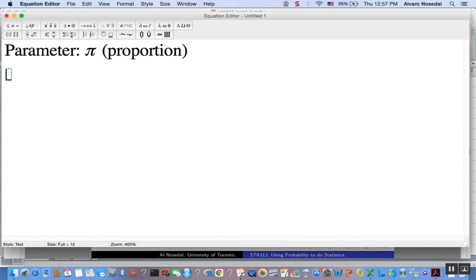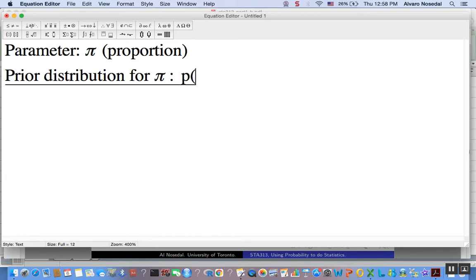Now, again, the basic ingredients are we need a prior distribution for pi, and that prior distribution, let me refer to as p of pi.